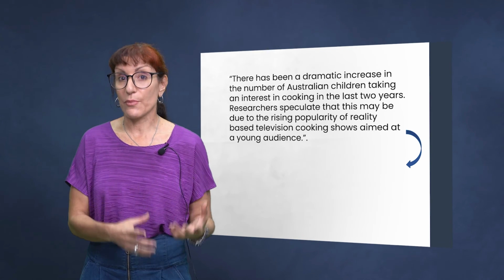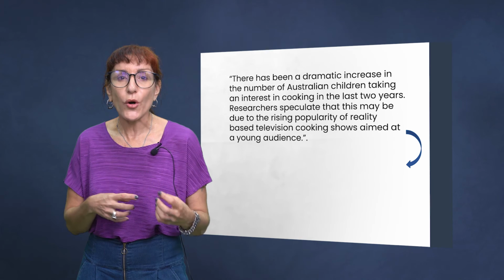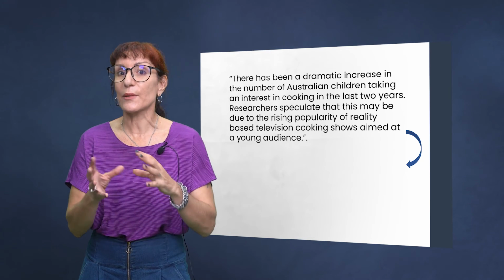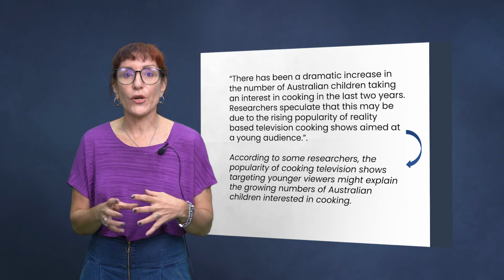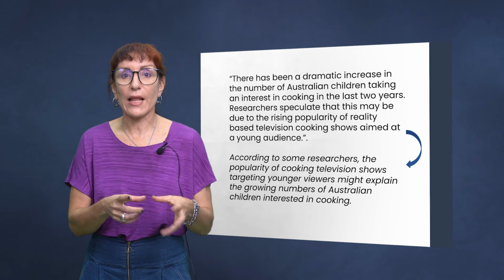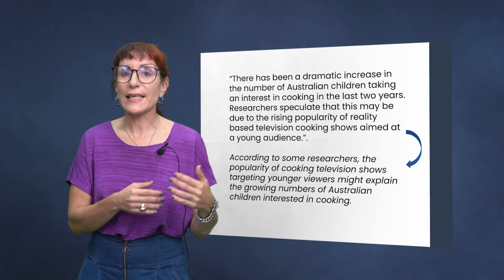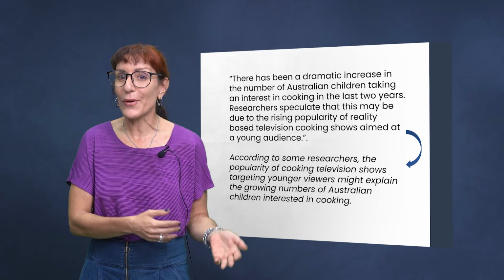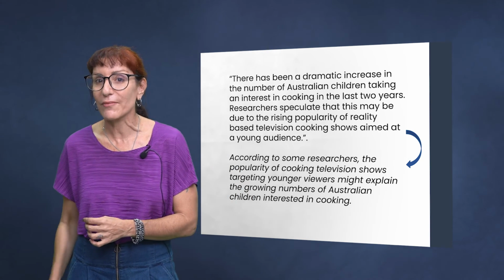And as we said before, you can also experiment with changing the order with which the two ideas are presented. So you can say something like, according to some researchers, the popularity of television shows targeting younger viewers might explain the growing numbers of Australian children interested in cooking.